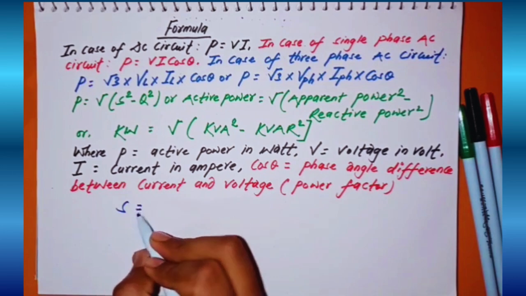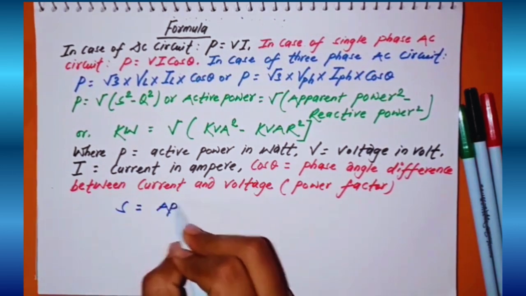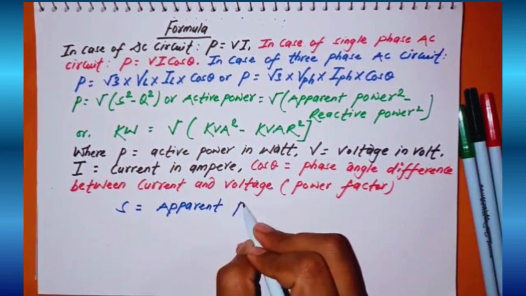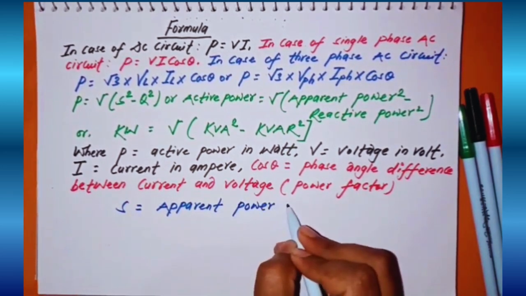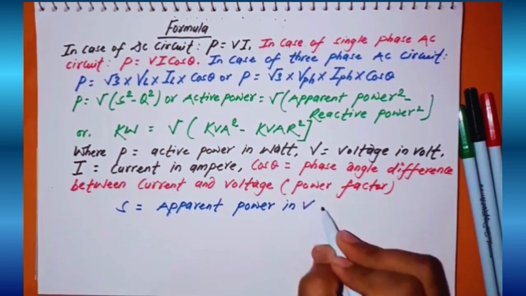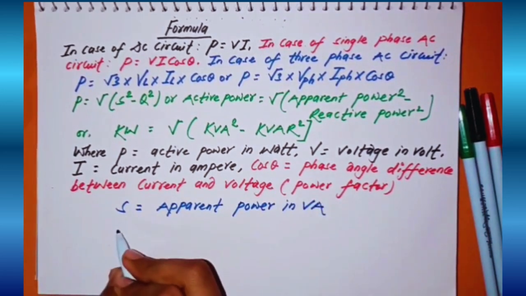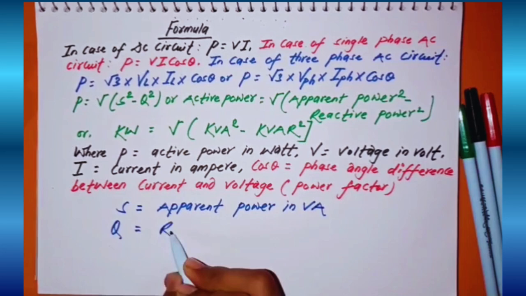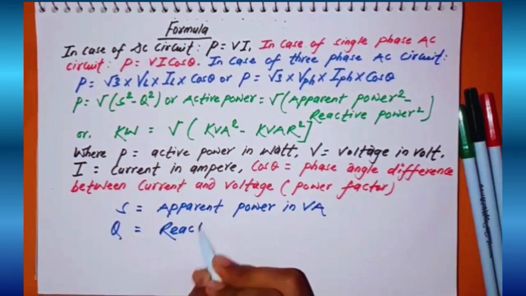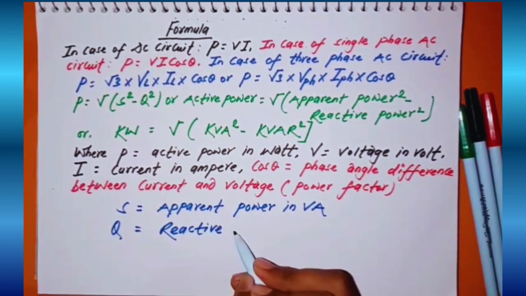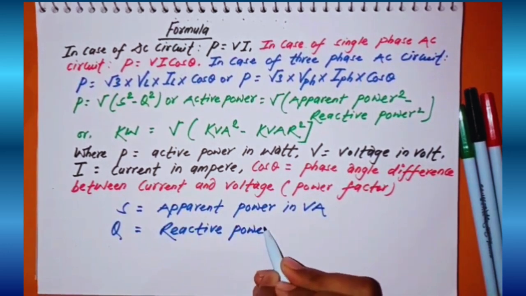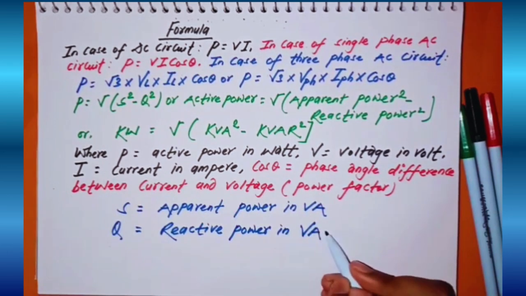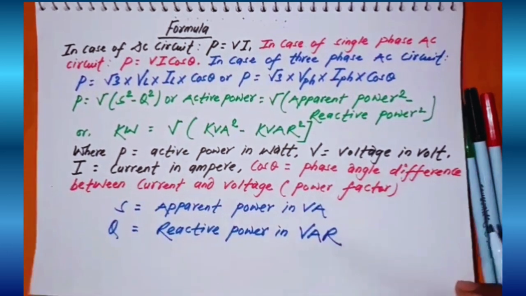S equals to apparent power in volt ampere. Q equals to reactive power in volt ampere reactive.